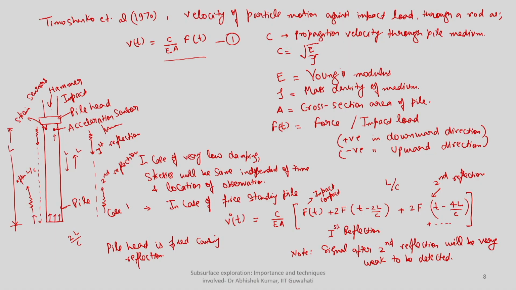So, this is the reflection coming from a freestanding pile. You have the base causing some kind of reflection in the wave, and then the pile head, which is again not allowed any kind of motion, which again causes reflection.